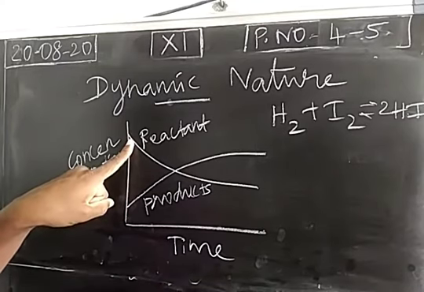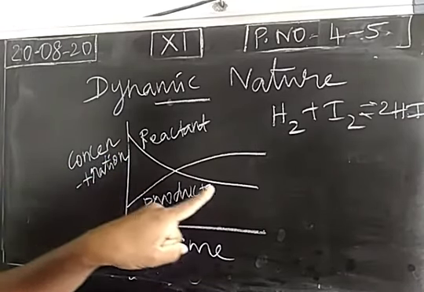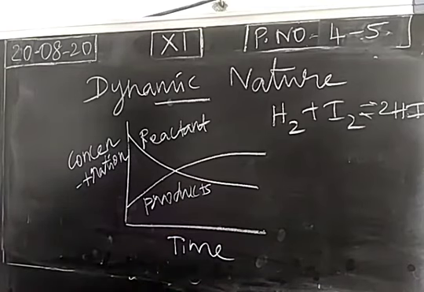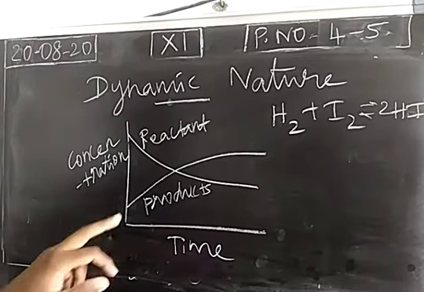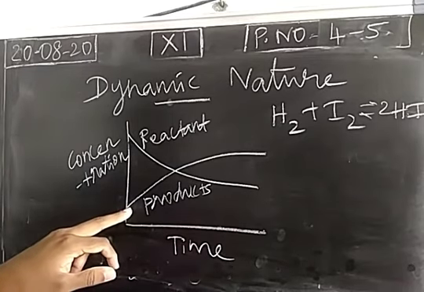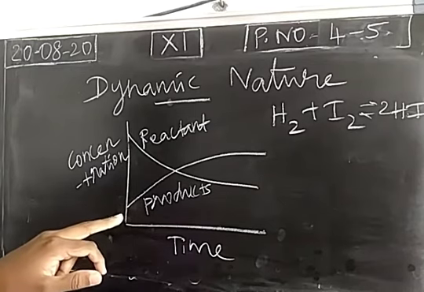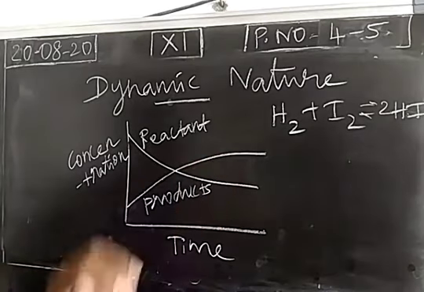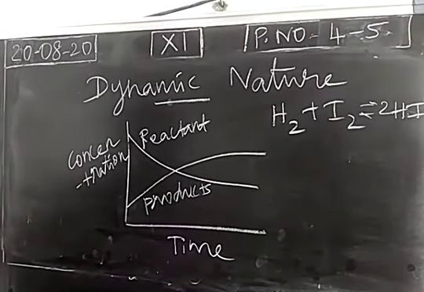When the reaction proceeds, slowly concentration of reactant decreases, and at the end of the reaction, concentration of reactant will become 0. At the same time, concentration of product is 0 before the reaction starts. When the reaction proceeds, product concentration slowly increases and reaches maximum 100% at the end of the reaction. So this is the reaction coordinate generally. When the reaction is taking place, concentration of reactant decreases, concentration of product increases.